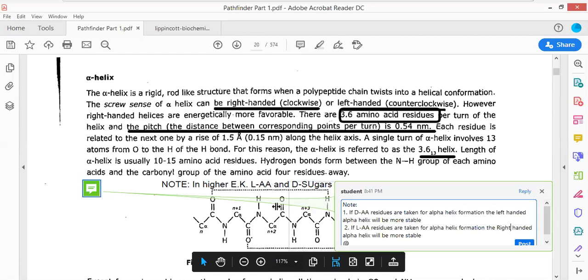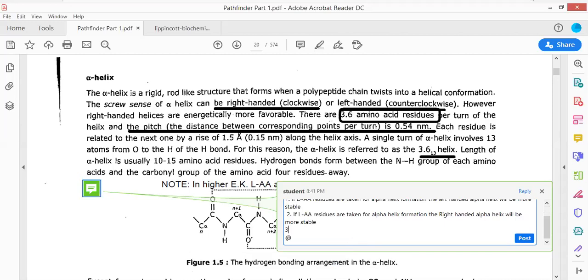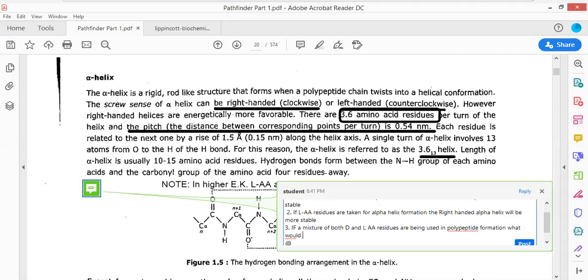But what was the question asked in the IISc PhD entrance examination? The question that was asked, and is also given in the new Pathfinders, is that if a mixture of both D and L amino acid residues are used in polypeptide formation, what would be its conformation?